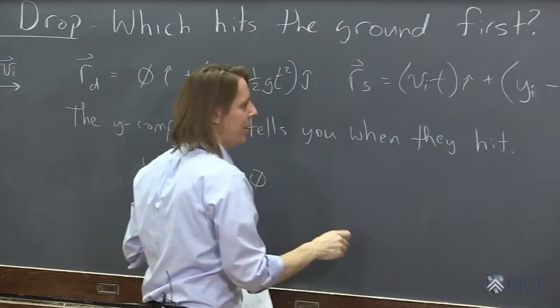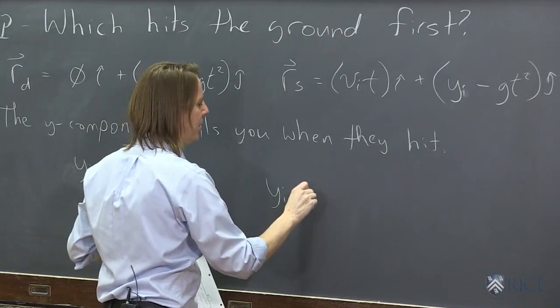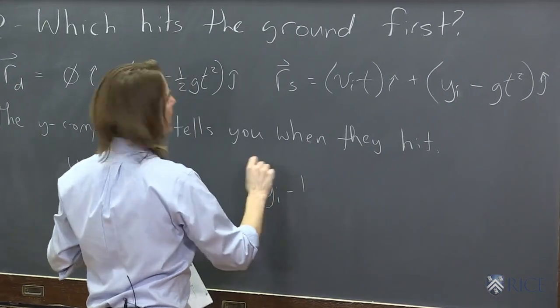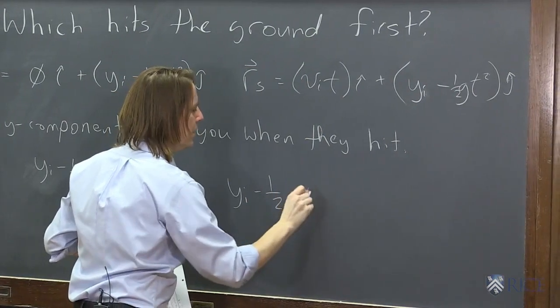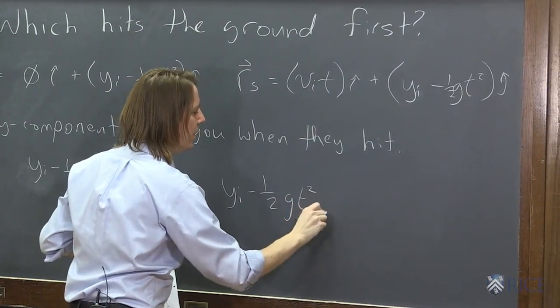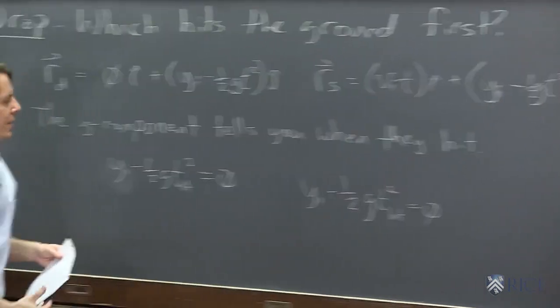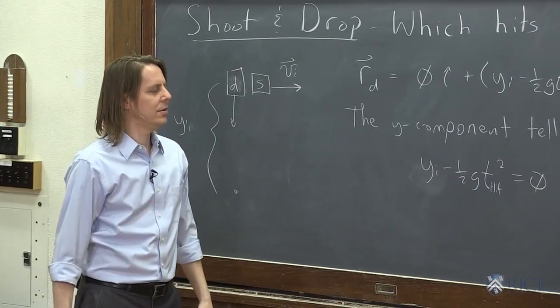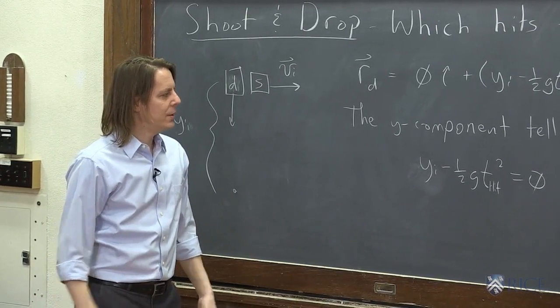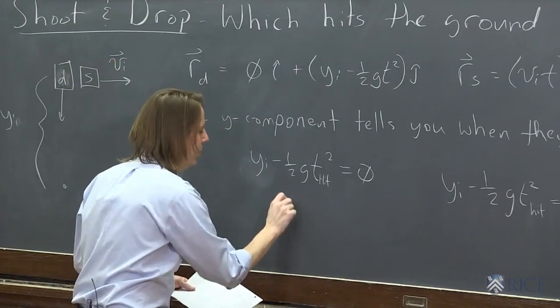And here, when does this one hit the ground? When y initial minus, oh my God, did I leave a 1/2 off there? Minus 1/2 g t hit squared equals 0. This is a specific time now, so that's why I put a hit on it. It's when it's equal to 0. And you could solve those, and you'd see, when does this one hit the ground? T hit.